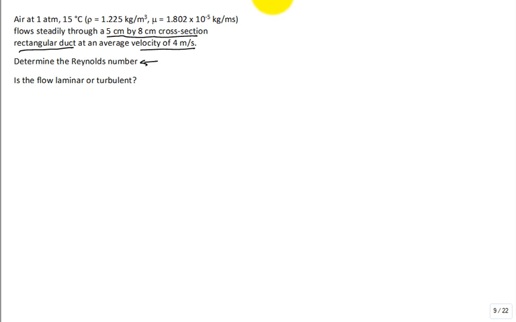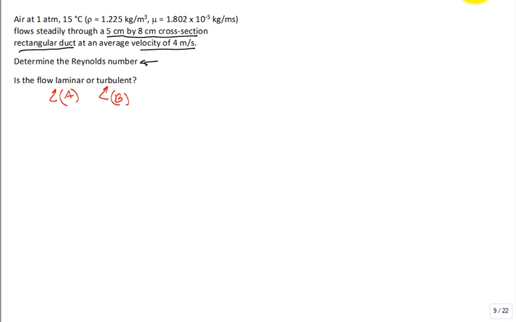And I'm going to let you do a clicker question. A, if you think it's laminar, and B, if you think it's turbulent. Okay, so answer this question. First, make a calculation of the Reynolds number. And once you calculate the Reynolds number, select if it's laminar or turbulent.